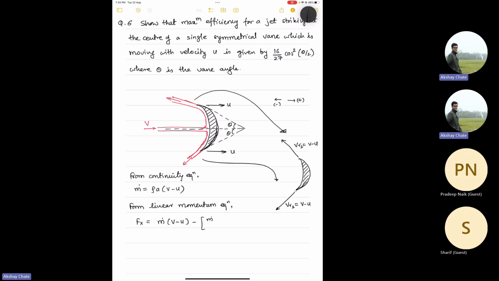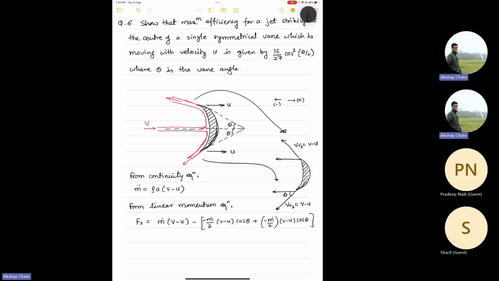So here, half of the mass flow rate will go in one direction, which will be (v minus u) into cos theta, with the minus sign because it is in the negative direction. Here also it will be minus m dot by 2 into (v minus u) into cos theta, because half is going out from the top and half is going out from the bottom.